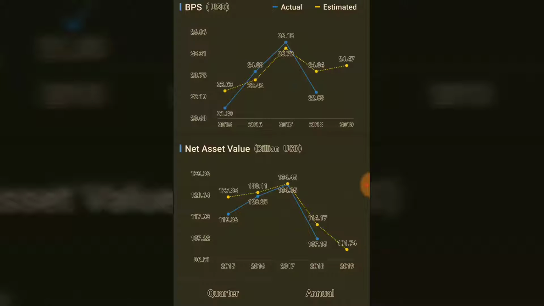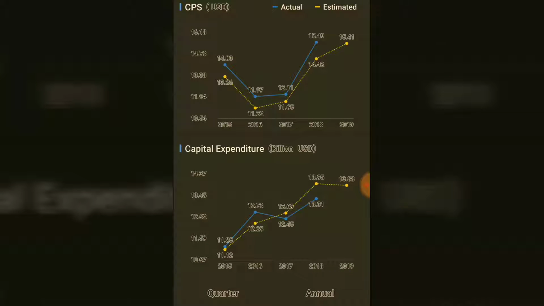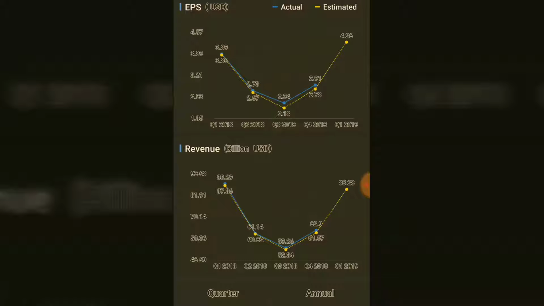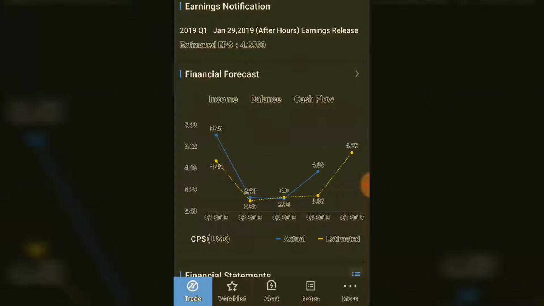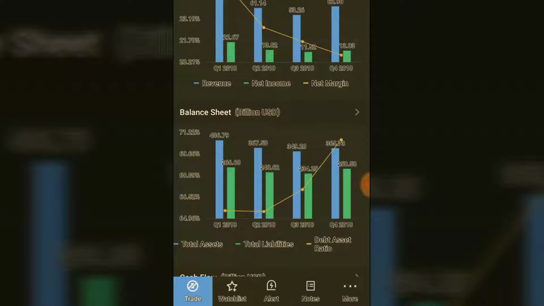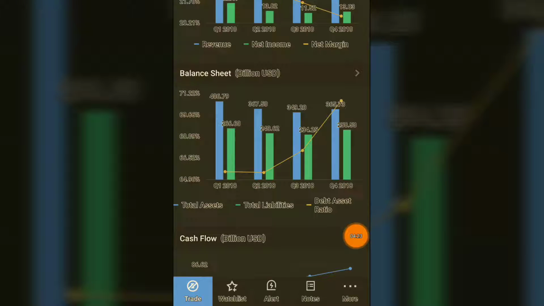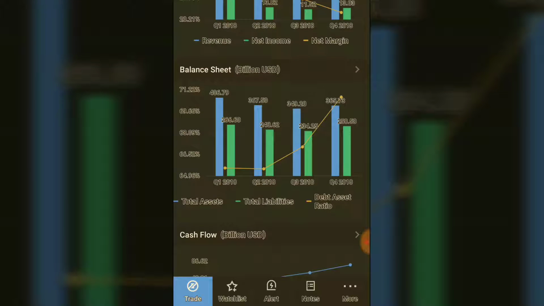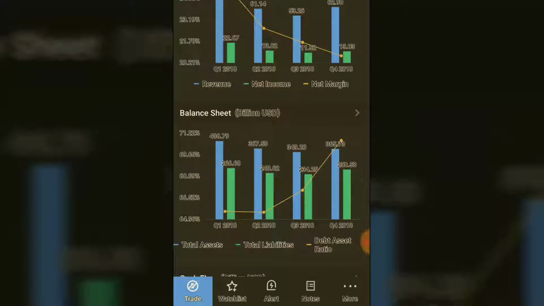Everything checks out. It's a good time to buy the Apple stock. It's profitable, as you can see. Doesn't have too much liabilities.